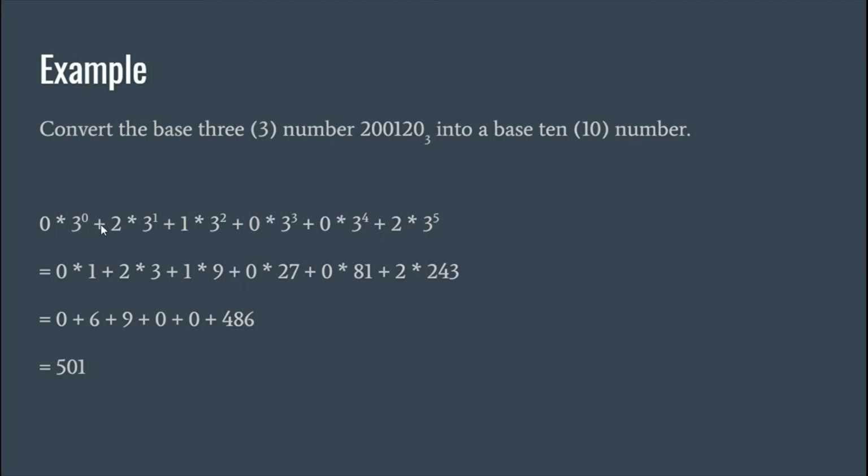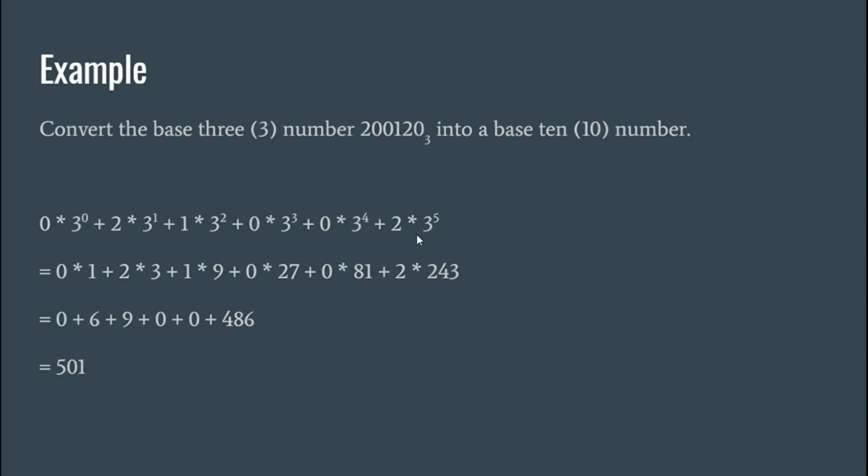So 1 more than 0 is 1. That's where this came from. Next number, 1 times the base raised to the power of 1 more than the previous one. You can see each number is getting multiplied by the base with a 1 higher exponent.